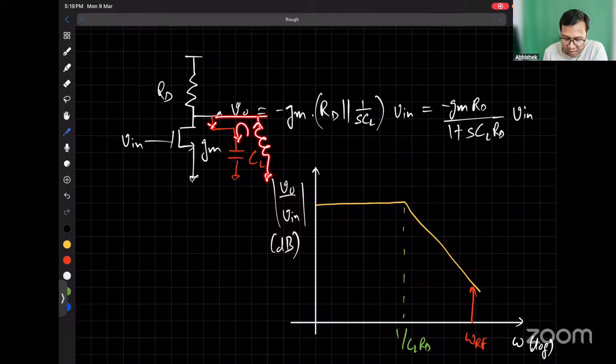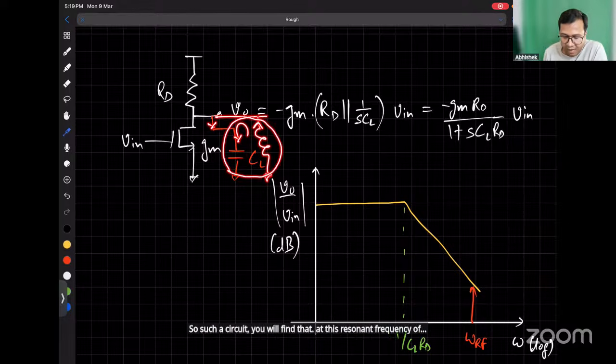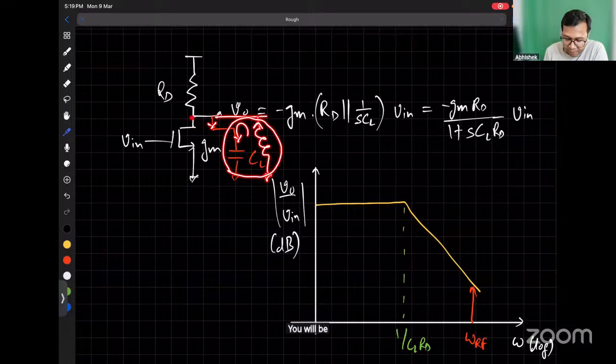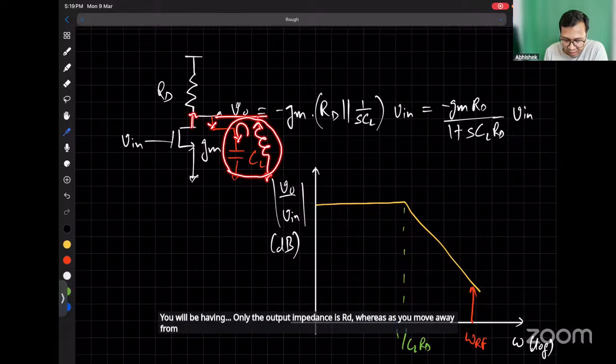So such a circuit, you will find that at this resonant frequency of this L and C parallel combination, the output impedance is only RD, whereas as you move away from this resonant frequency, your output impedance is going to fall off.